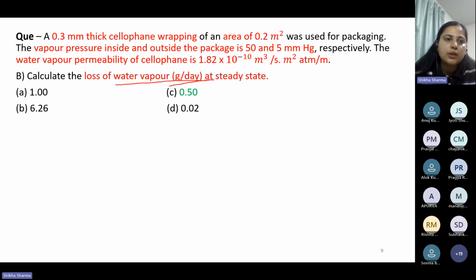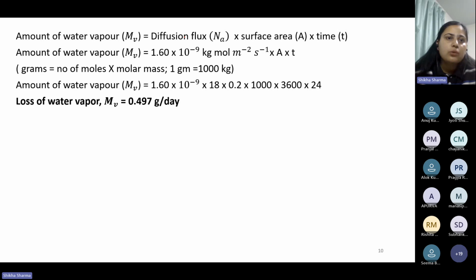In gram per day, we need to calculate. So the amount of water vapor is diffusion flux into surface area into time. So diffusion flux is, we calculated just now, 1.6 into 10 to the power minus 9 into area into time.